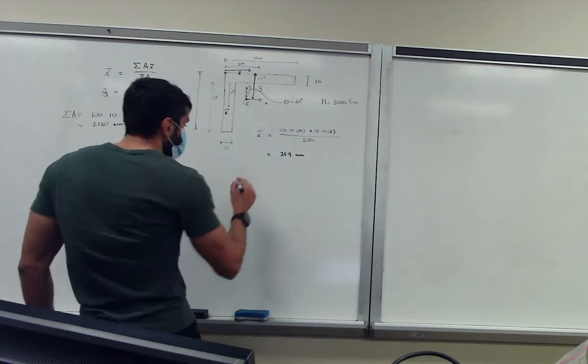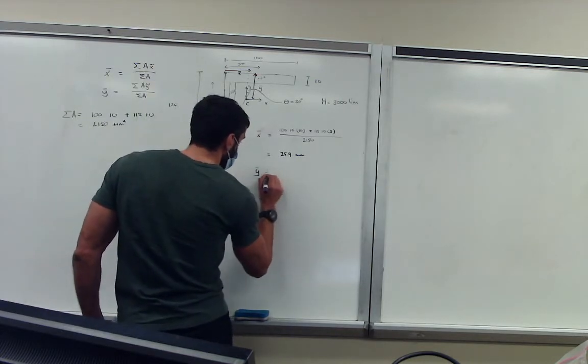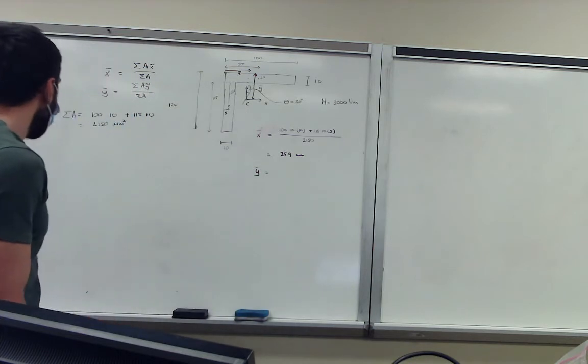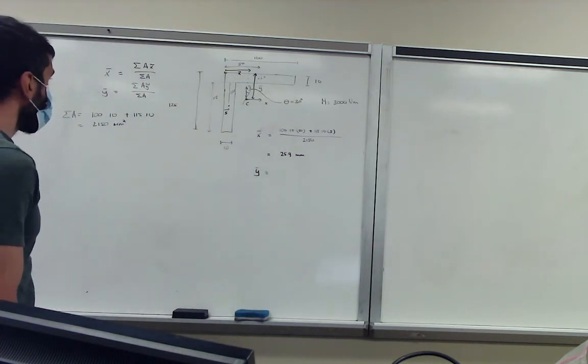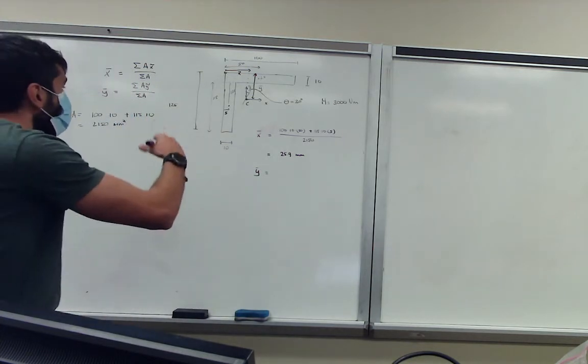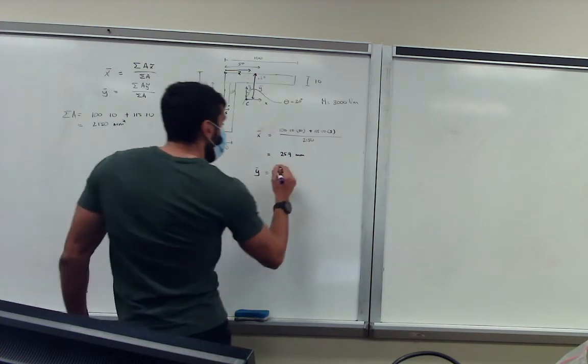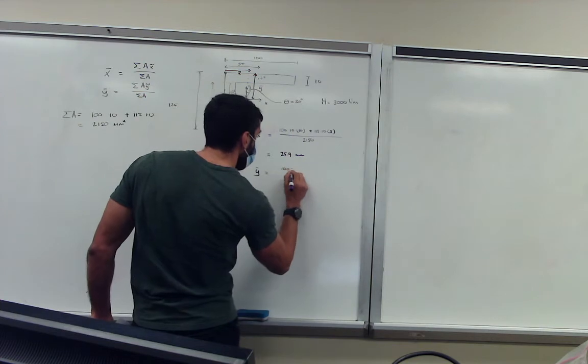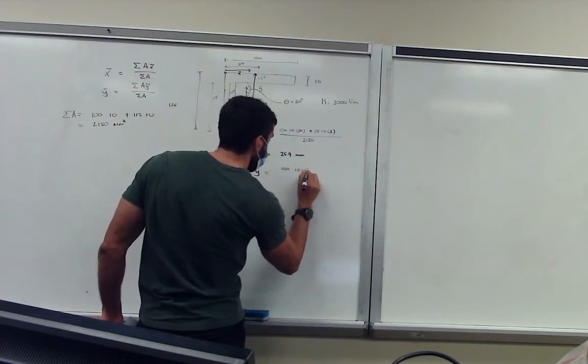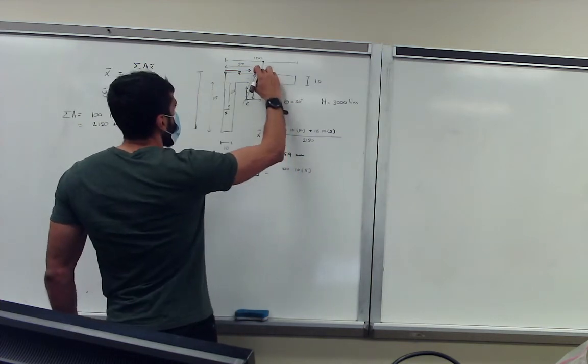So we can do the same thing for the y bar. We repeat the same thing, but then we just take the distance towards the y distance from the local centroids. So again, we get 100 times 10. In this case, its centroid with respect to y is 5.